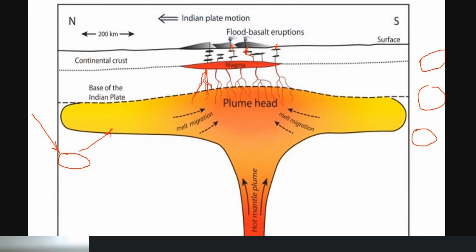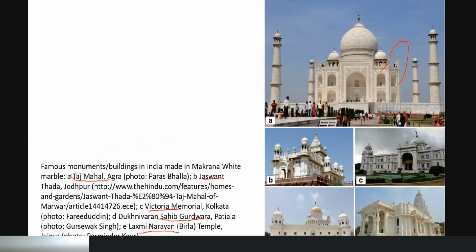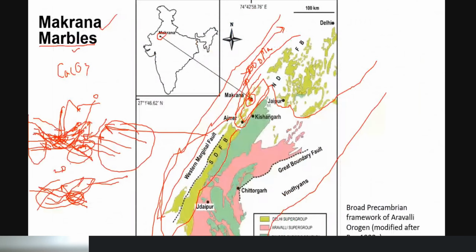So what happened in this case? This is a slightly different case than the formation of Makrana marbles. In that case the lithospheric plates were moving, then metamorphism happened, and there were also some igneous intrusions, or granites, found here.